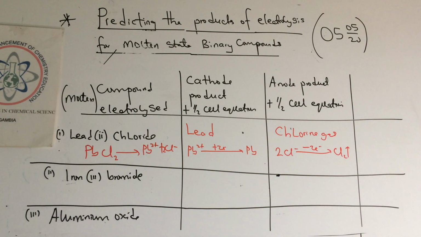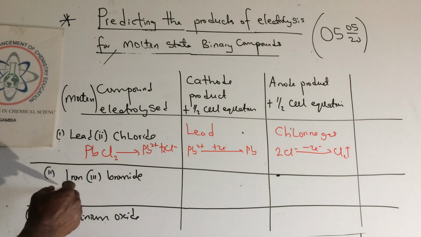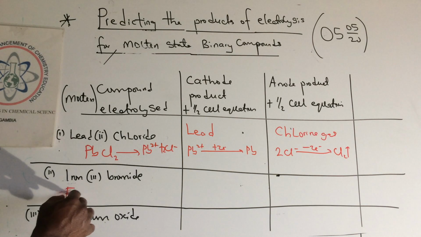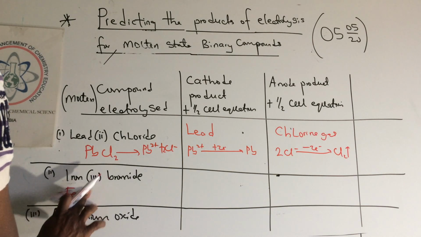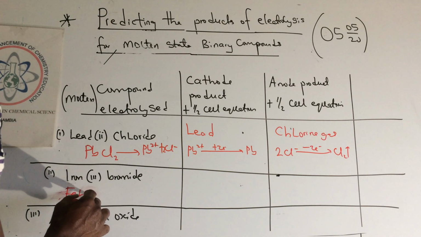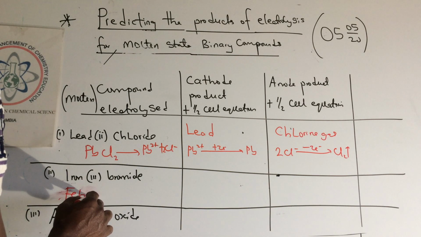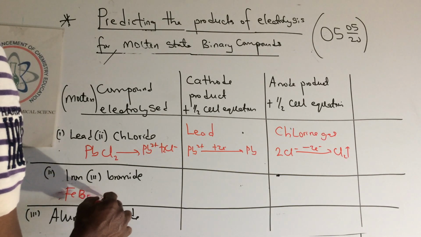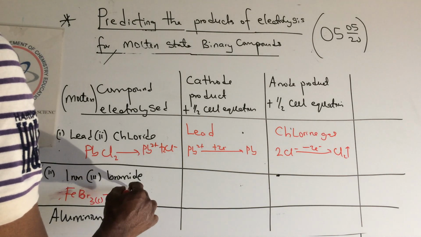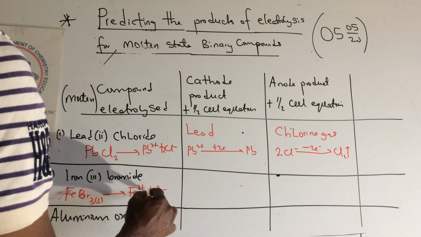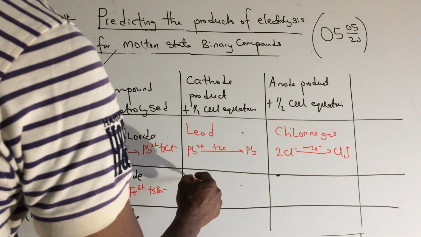So let's look at iron(III) bromide. Now the formula is this. It's molten, and what you have there is Fe3+ and Br-. So the ions will discharge.